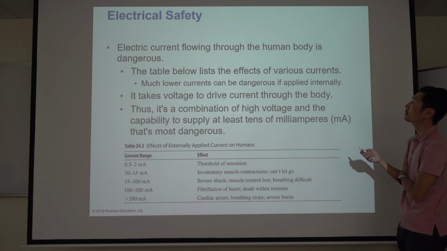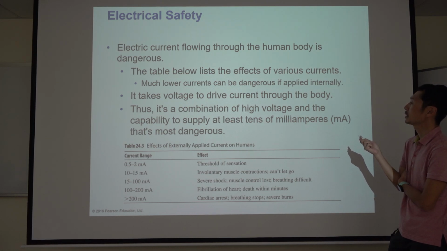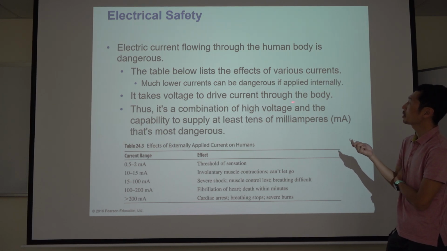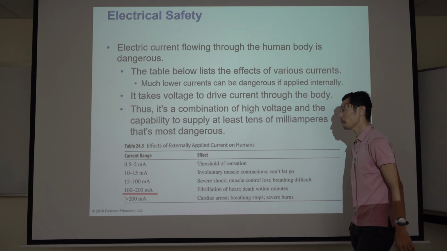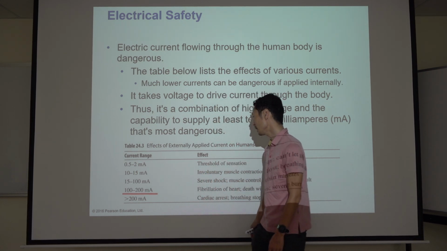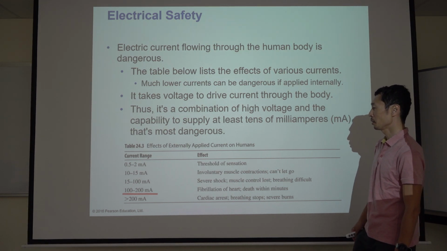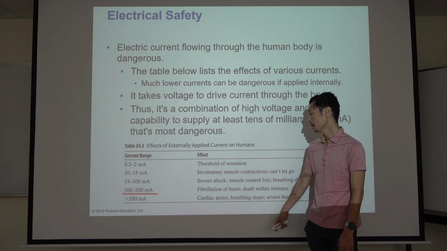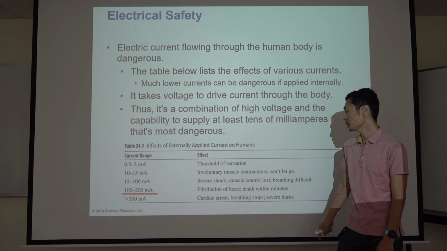The table below lists the effects of various currents. Much lower current can be dangerous if applied internally. It takes voltage to drive current through the body. It's a combination of high voltage and the capability to supply at least tens of milliamperes that's most dangerous. What you should remember is this: 100 milliamperes of current going through the human body is very dangerous, because fibrillation of the heart is going to happen and death can follow within minutes.